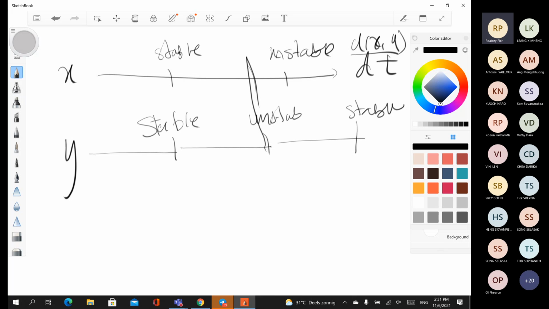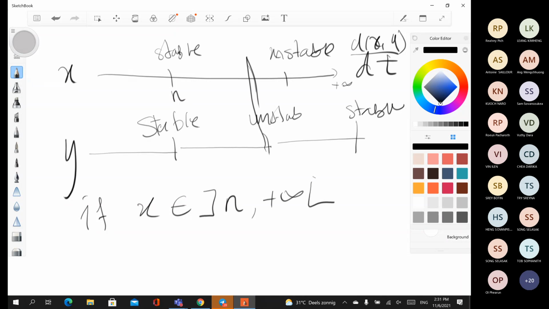So for the combination of the system, if x is from, for example, I put this n here, n to unlimited positive. If I use this kind of symbol, n cannot be used, but if I use this symbol, it means n can be used.